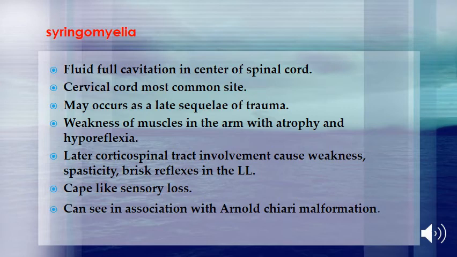Later, affection of the corticospinal tract leads to weakness and spasticity with hyperreflexia in the lower limb, and the sensory loss is cape-like in shape. It can be seen in association with Arnold-Chiari malformation, and the treatment of syrinx is by surgery.